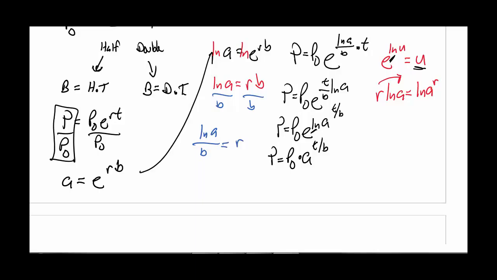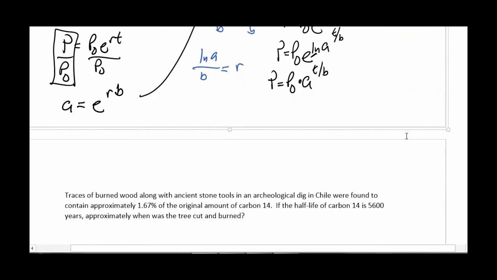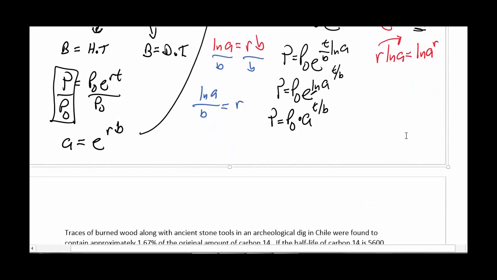Okay, now that's my goal. That's what I wanted to show. Because now I want to show you the two formulas that we have and what that sort of means. We have a half-life formula. Okay, and the half-life formula is P equals P naught, and remember half-life, our A would be 1/2, and it'd be t divided by half time.